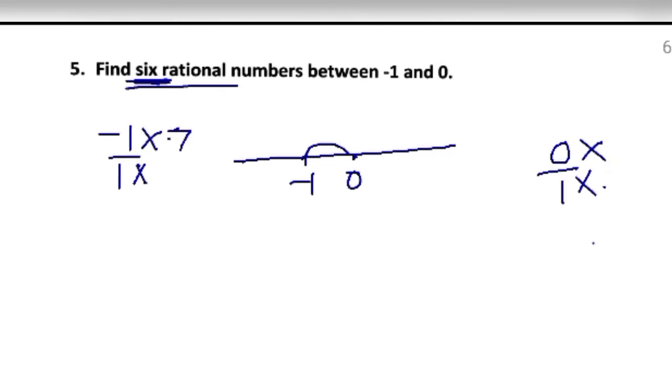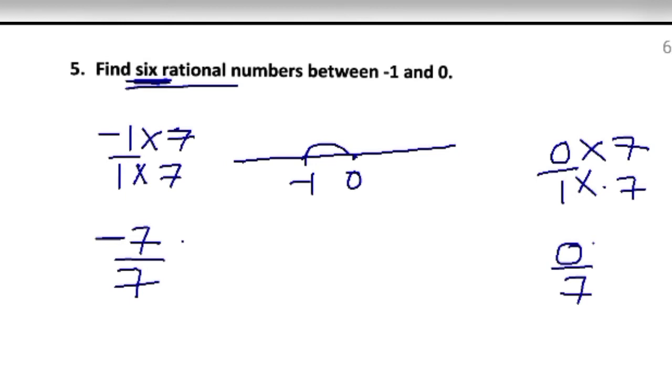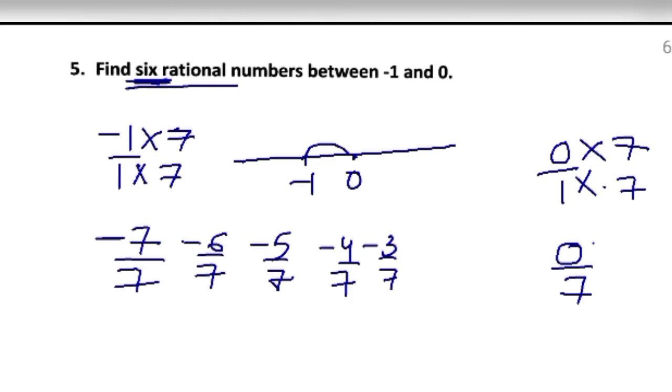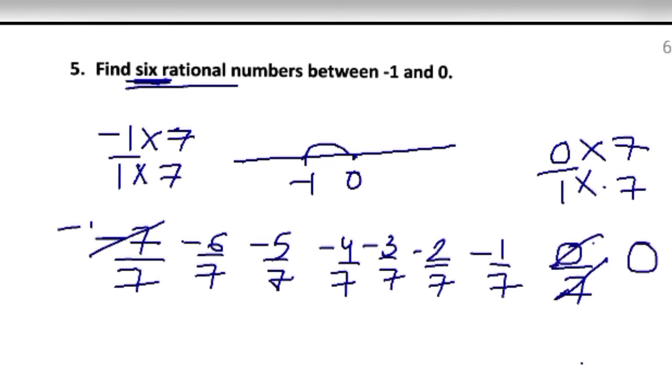Greater number से multiply करते हैं by 7. Okay, 7 ones are 7 with a minus sign upon 7 ones are 7. 7 zeros are 0, 7 ones are 7. Now check the rational numbers between these two. Minus 7 upon 7, minus 6 upon 7, minus 5 upon 7, minus 4 upon 7, minus 3 upon 7, minus 2 upon 7, minus 1 upon 7, and this can be written as 0 in numerator, so it can be written as 0.